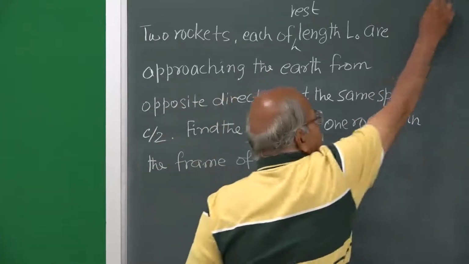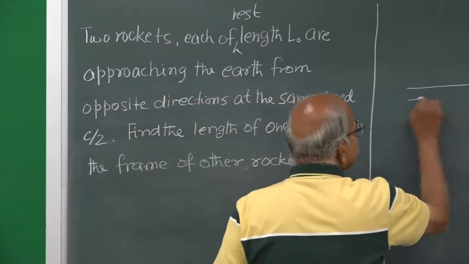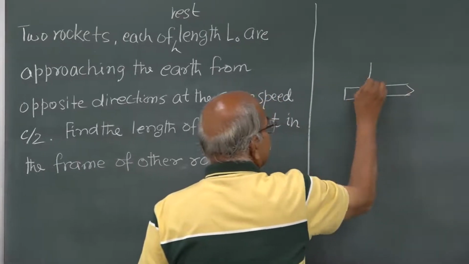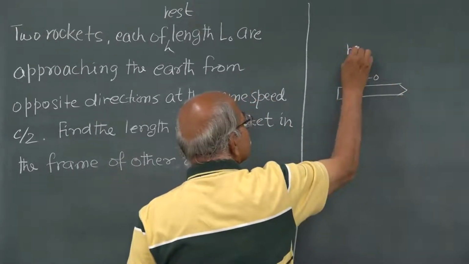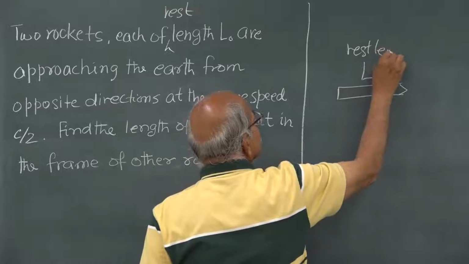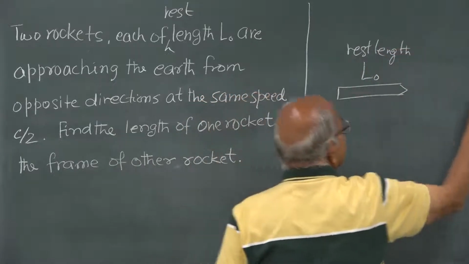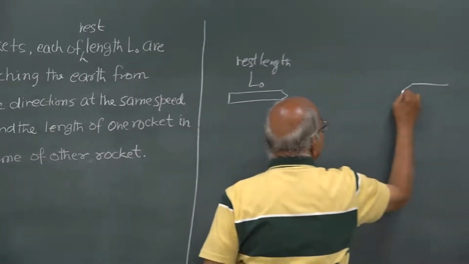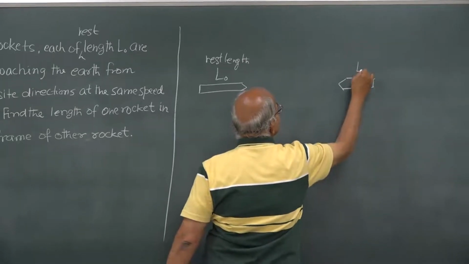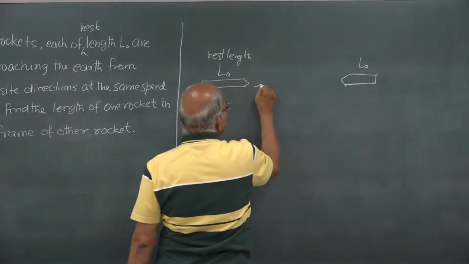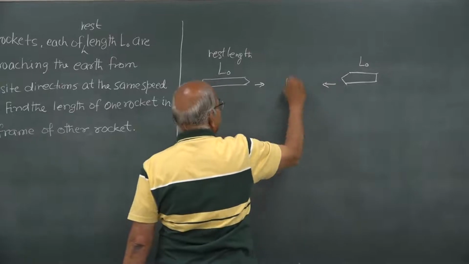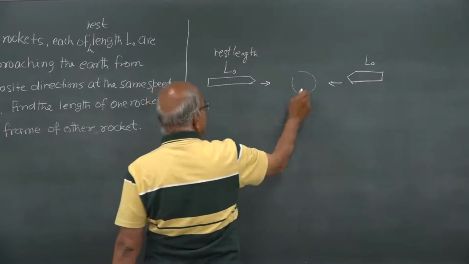So, you have two rockets and the rest length is L naught here and then here, and then they are approaching each other, and not each other, yeah, each other also, and there is earth somewhere.